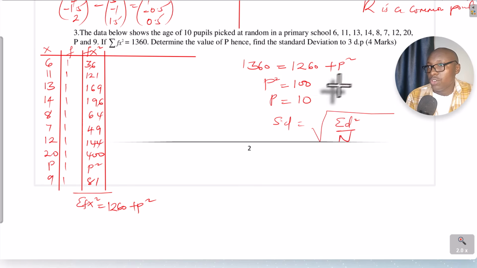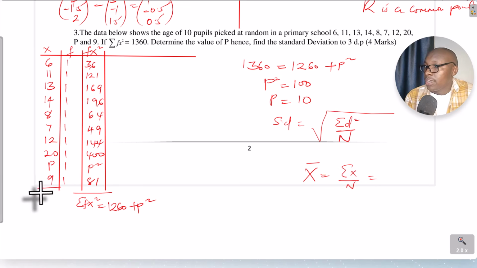So we need the deviation from the mean. So first we get the mean. To get the mean, we need to add the summation of x divided by n. So we add all these values to get the mean and then divide by 10.